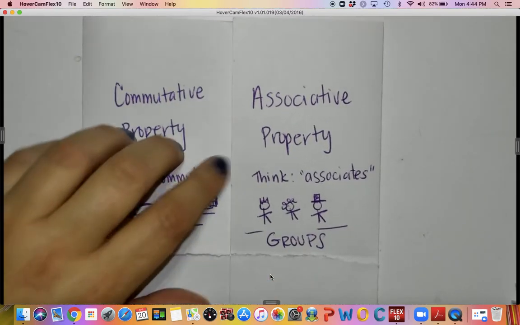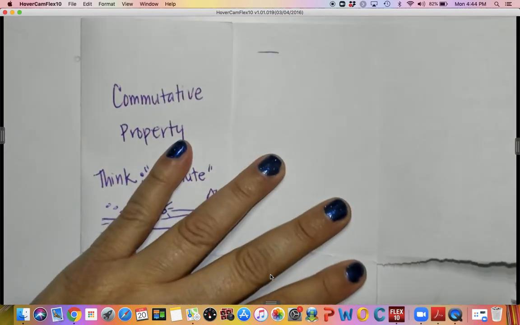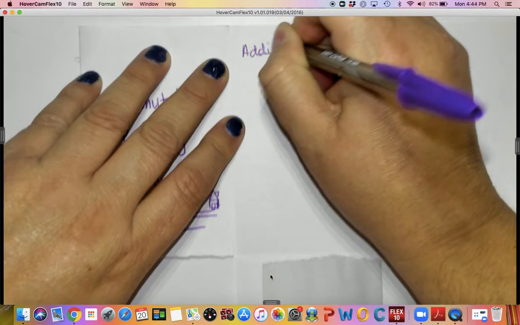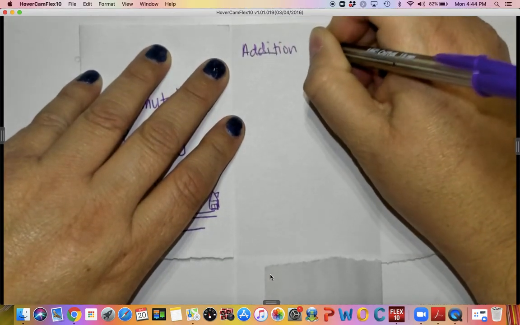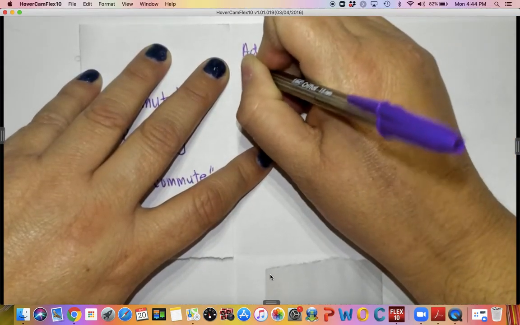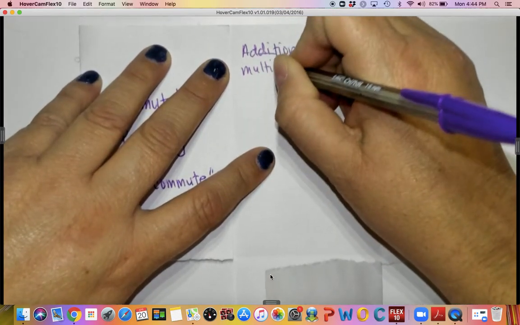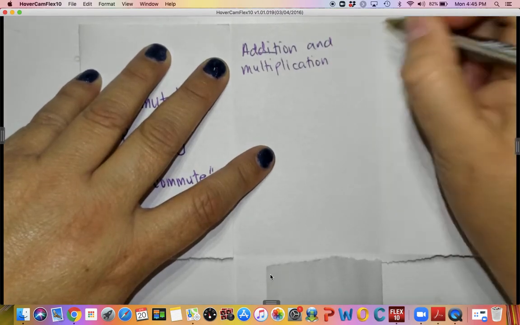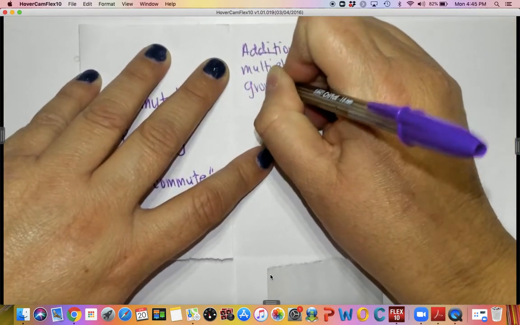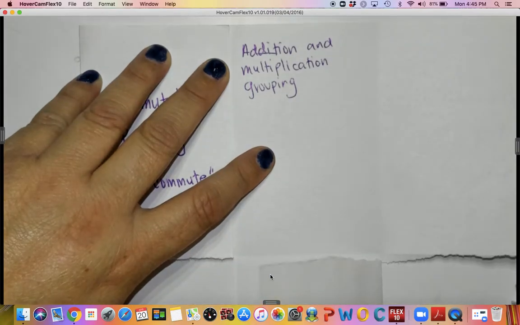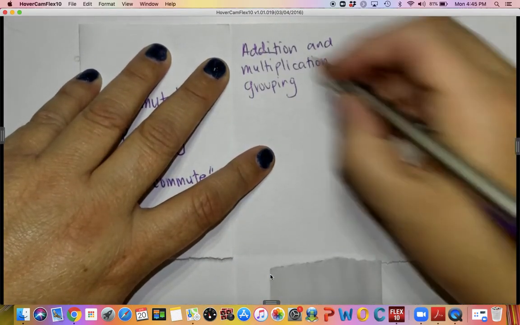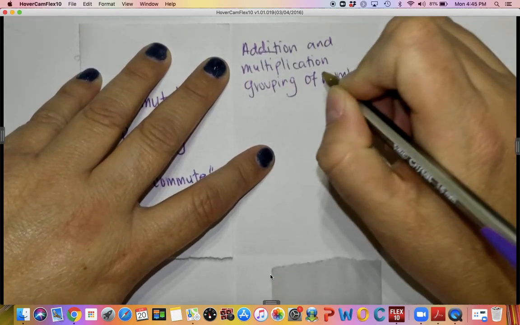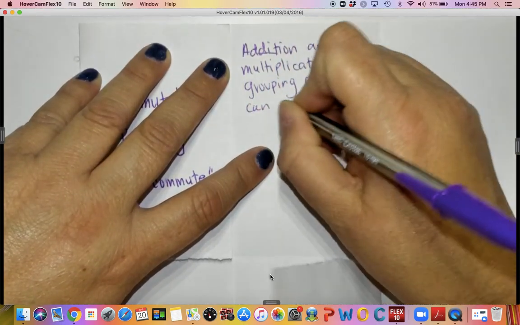All right, so now I'm going to open this. Addition and multiplication grouping of numbers can be different.